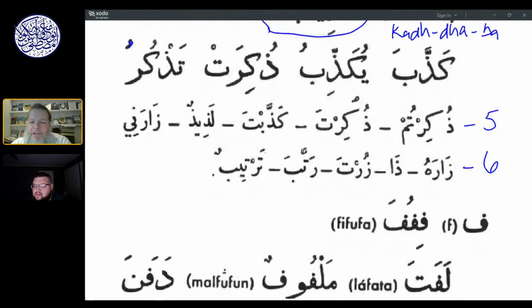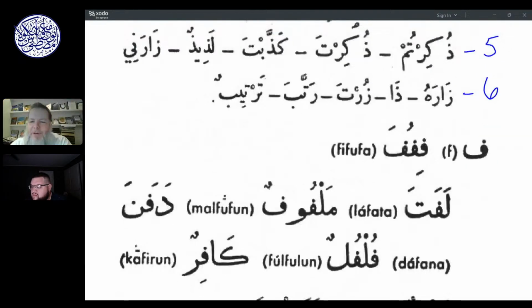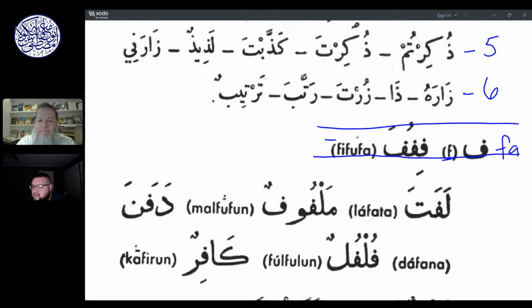Excellent. Okay, this next letter is called a fat, and it represents the f sound. If we put it on a line, it looks like that. It's a circle.